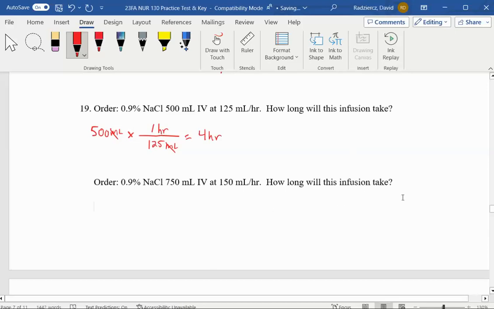Go ahead and calculate how much time, and just go ahead and do it to the hour. If you get a decimal answer, it's perfectly fine. Go ahead and do that calculation and see how much time this infusion will take if it's a 750 mL IV infusing at 150 milliliters per hour.